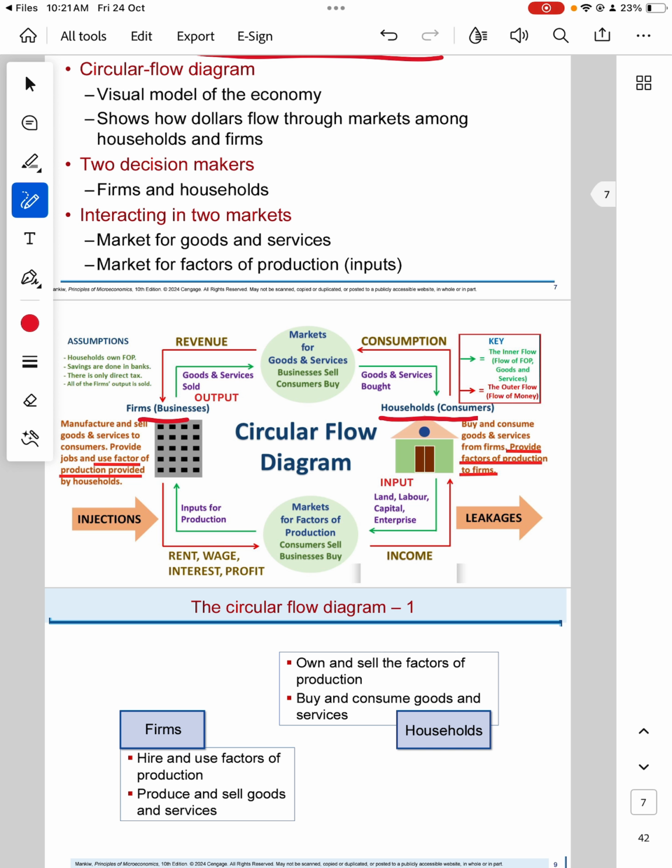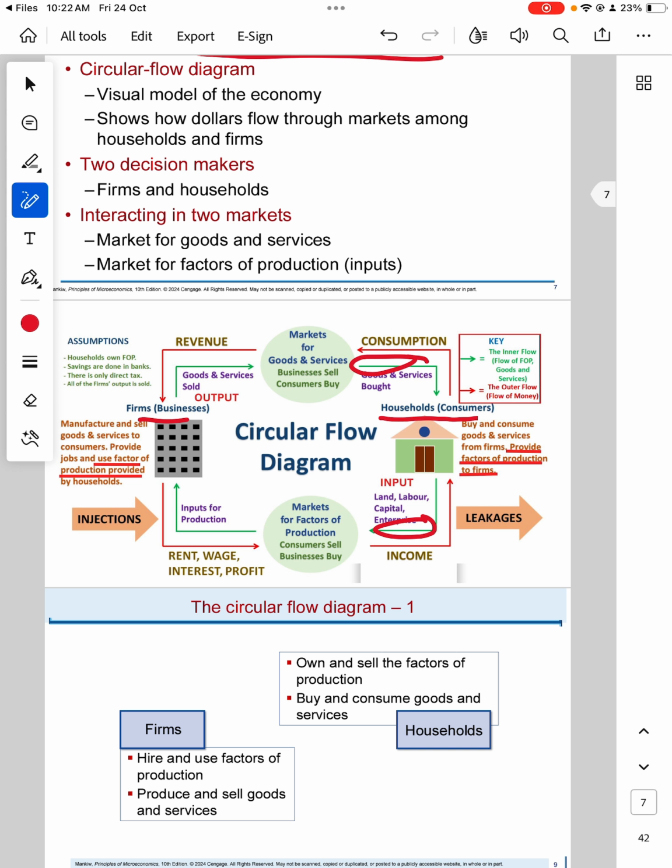First, the inner arrow here in green color shows us the flow of factors of production, which is input and output. Remember, the inner flow starts with the household. It involves the elements of input and also output. What does it mean by input?